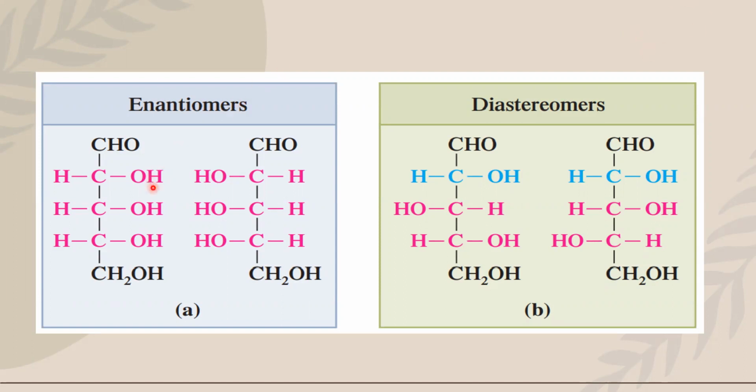So kung titignan mo itong example ng structure natin dito, when we say non-superimposable, these are left-handed and right-handed forms of molecules. So pag pinagpatong mo tong dalawang to, parang kaya siya tinawag na handedness, kaya ginamit na example yung hand. So, pag pinagpatong mo sila, they would actually look the same. We have H here, H atom here, and also the same carbon atoms in here. Okay, so they would look the same.